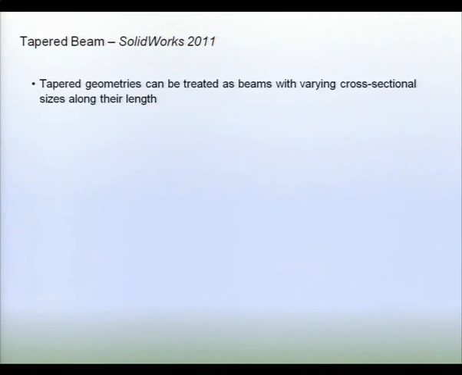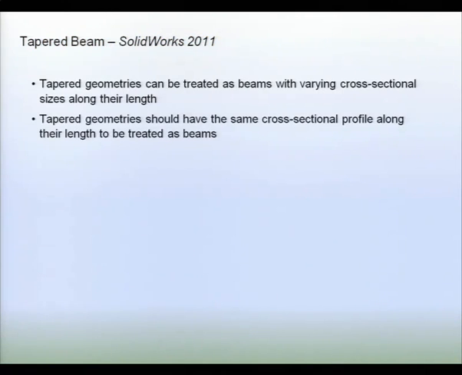So let's define taper beam. Because it's a new capability, taper geometry can now be treated as a beam with varying cross-sectional size. People who want the presentation, I can send it to you. At the end of the presentation I will put my contact information. If you send me an email, I will send it to you, yeah?